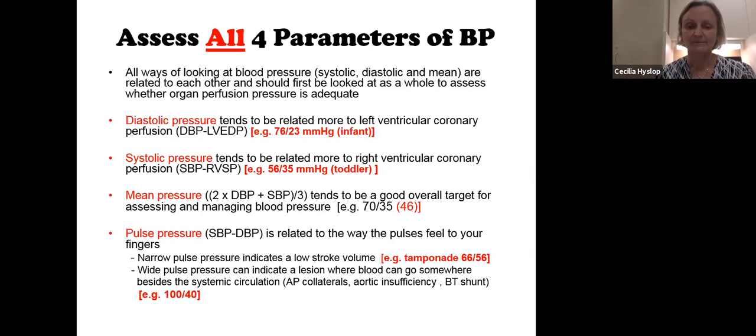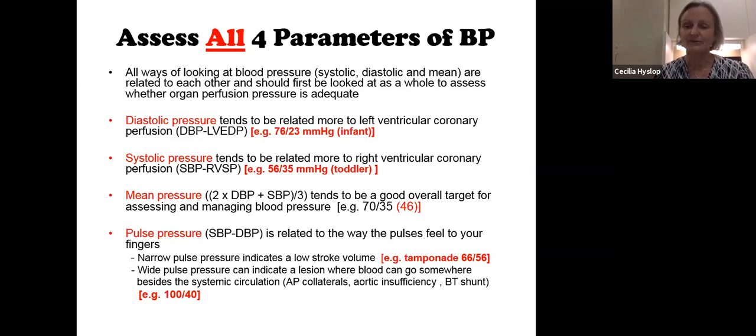That then causes your heart to not be able to fill properly and not be able to eject properly, so your systolic blood pressure drops. And because your perfusion drops, your brain tells your adrenal medulla to send out endogenous epinephrine and norepinephrine.